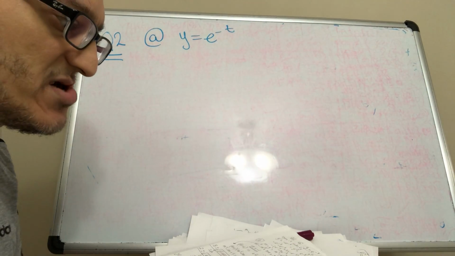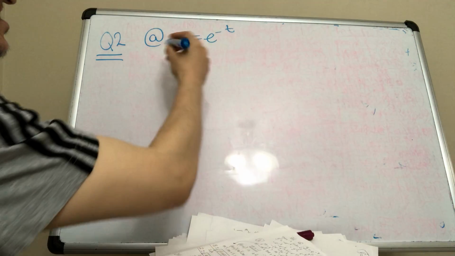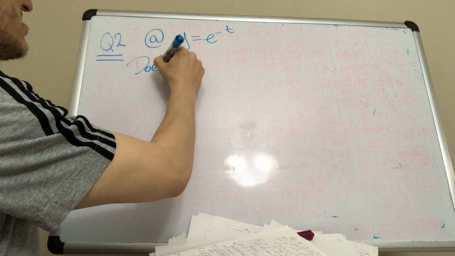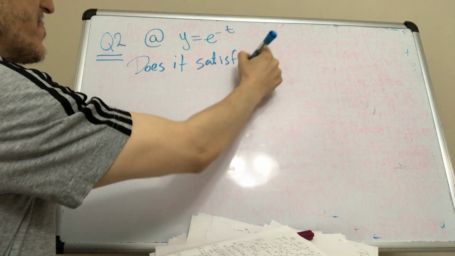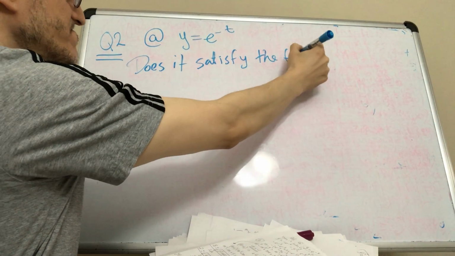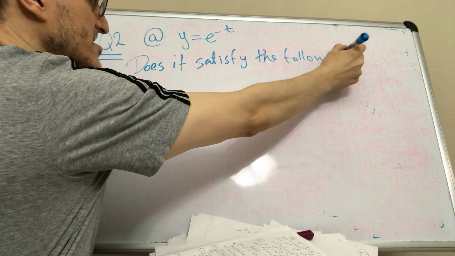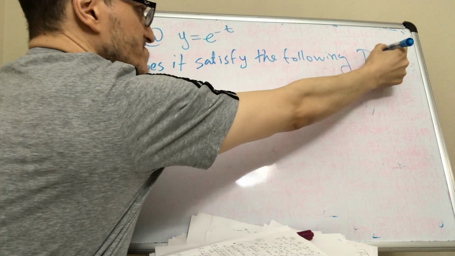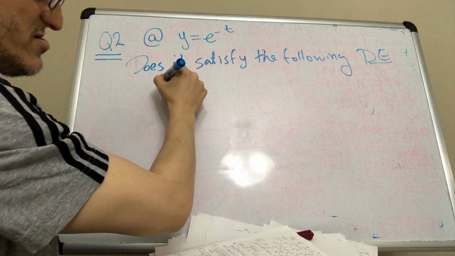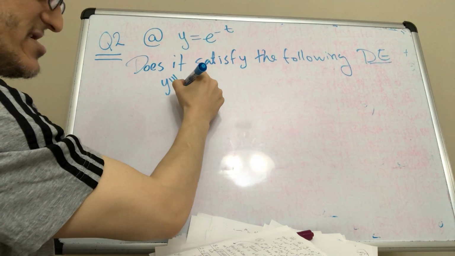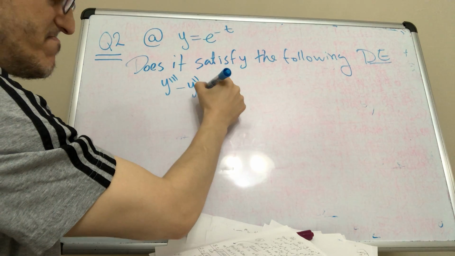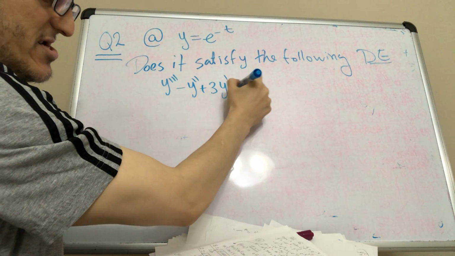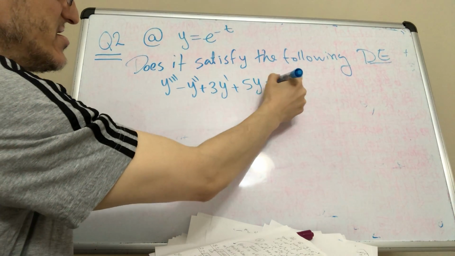So they start with giving you a solution, and the question is, does it satisfy the following DE, which is y triple prime plus y double prime plus 3y prime plus 5y equals 0.